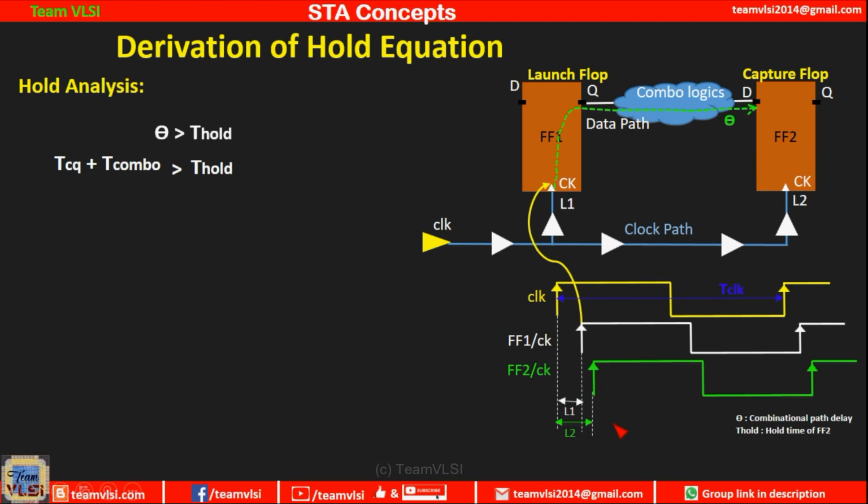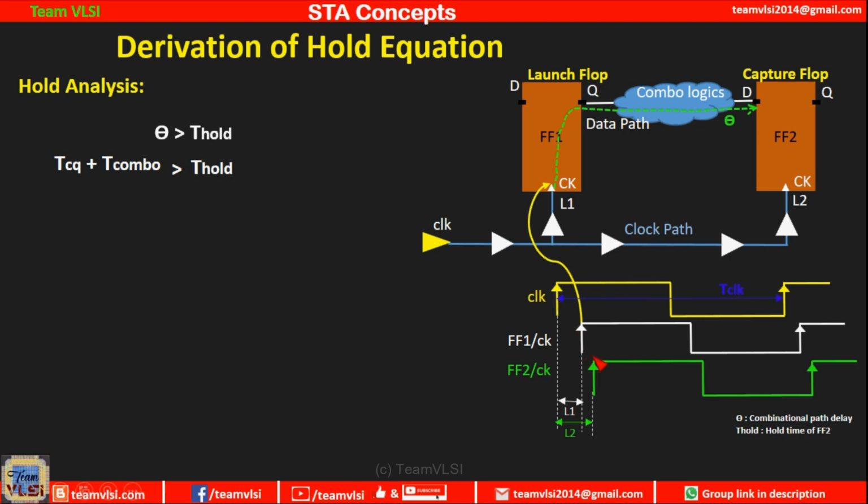So what we have told here is previous captured data, and previous captured data has been captured by this clock edge, not this clock edge. This clock edge is going to capture the data launched by this edge only.